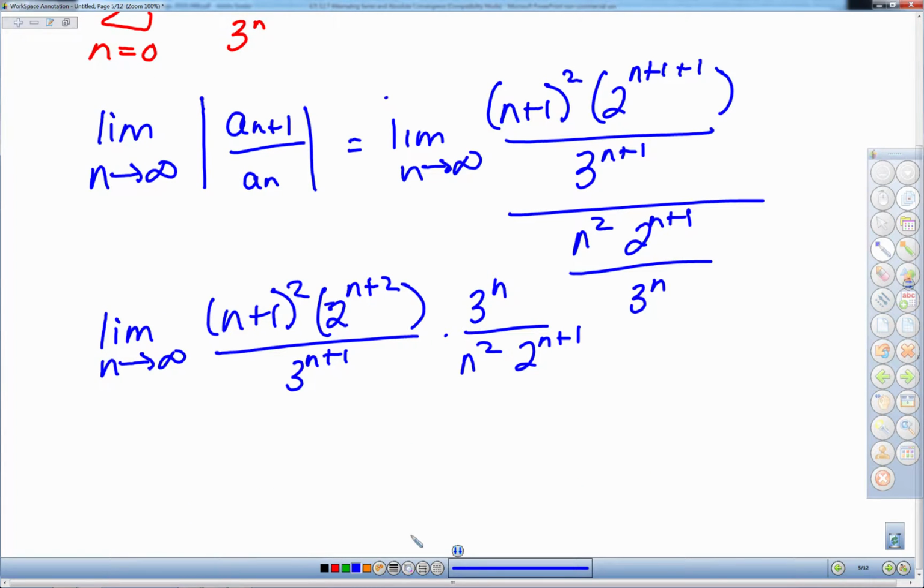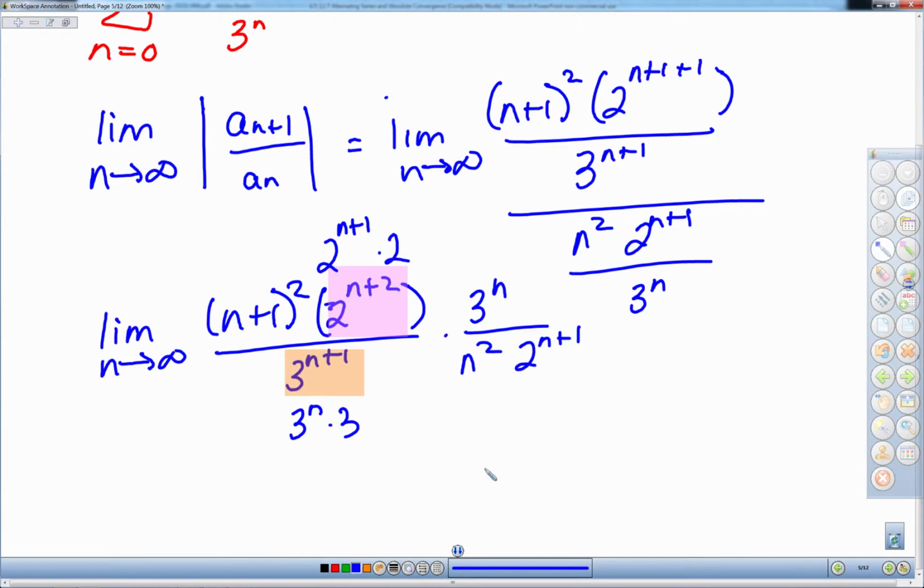Now we just simply are going to go through this and do our best to simplify. It'll be nice to have our exponent rules somewhat handy. I'm going to rewrite this as 3 to the n times 3, and I'm going to rewrite this here as 2 to the n plus 1 times 2.